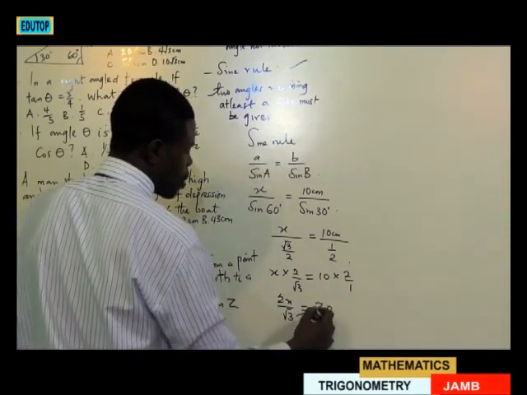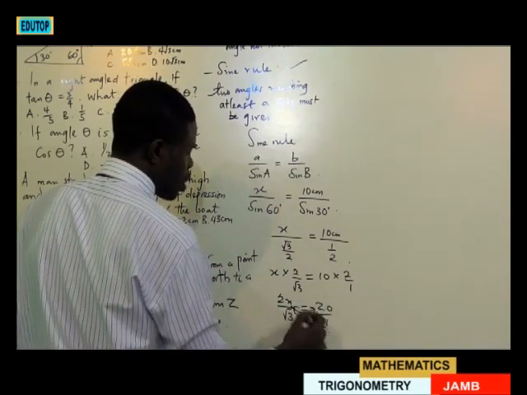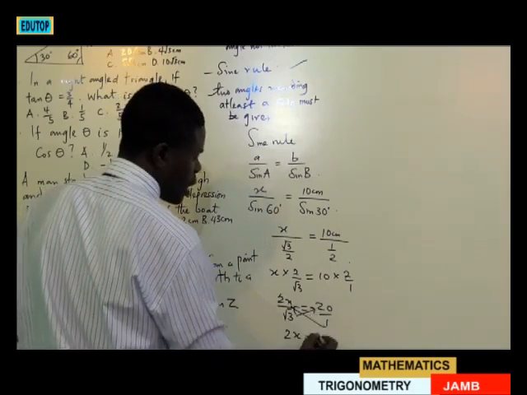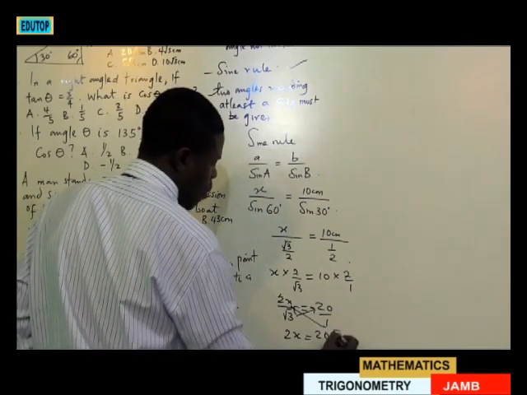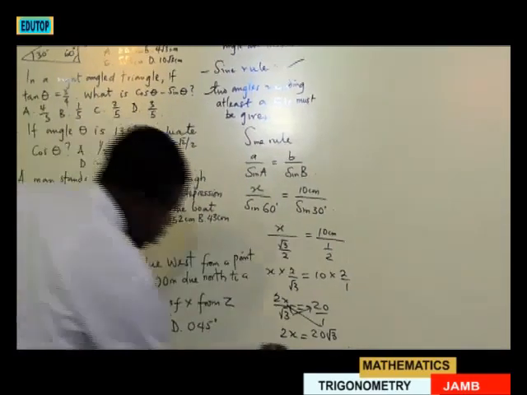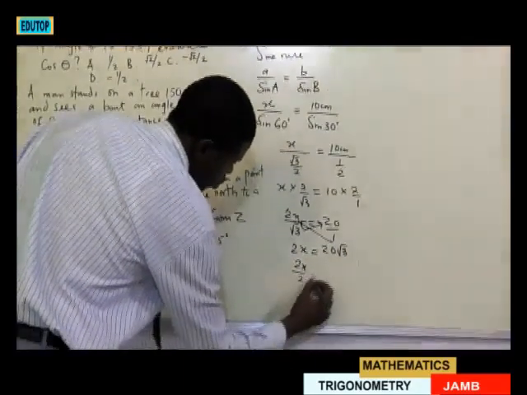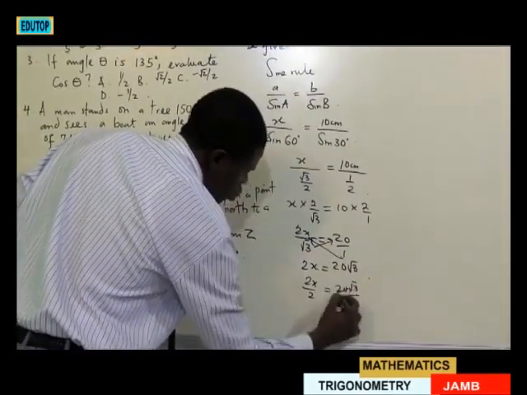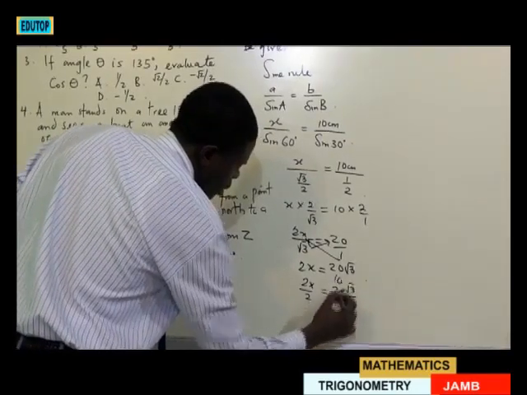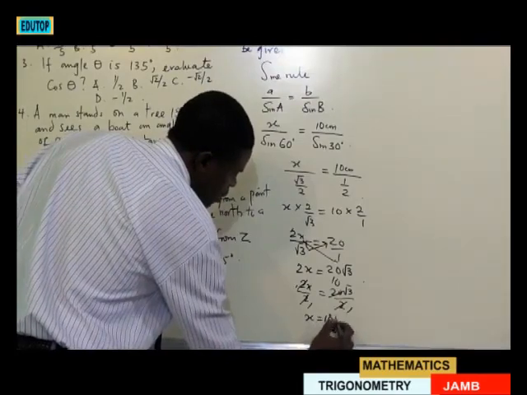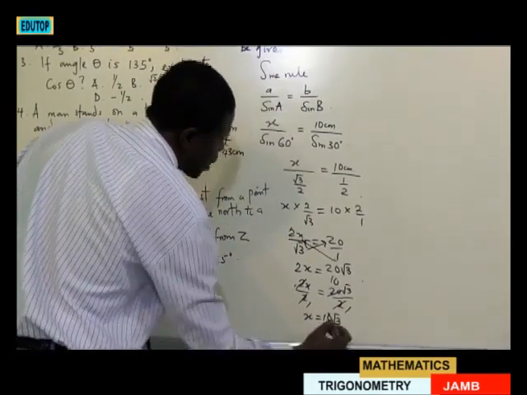So what do we do? We cross multiply. 1 times 2x is 2x. 20 times root 3, that's 20 root 3. And we are looking for our x. What do we need to do? We divide both sides by 2. 2 into 2x gives x, and 2 into 20 root 3 gives 10 root 3. So our x will be 10 root 3. And that is our answer.